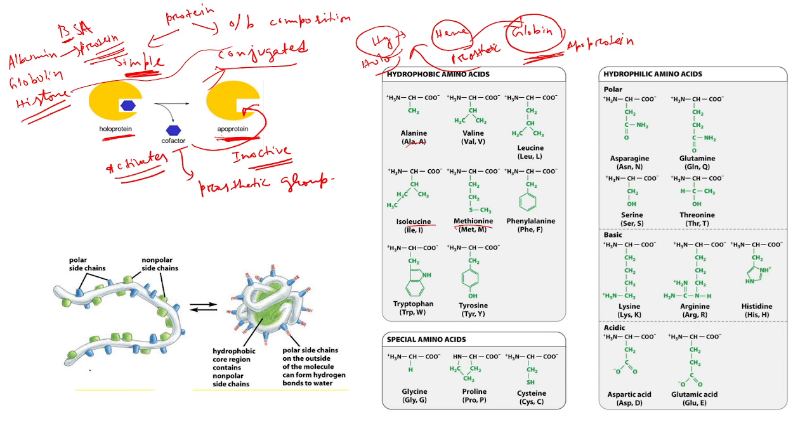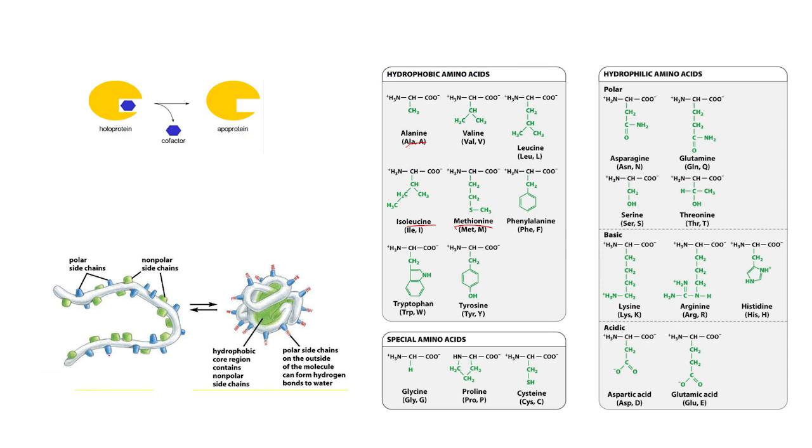So now next, come to another type of protein. The protein can be divided into two parts again. One is called the fibrous protein. Another is called the globular protein.